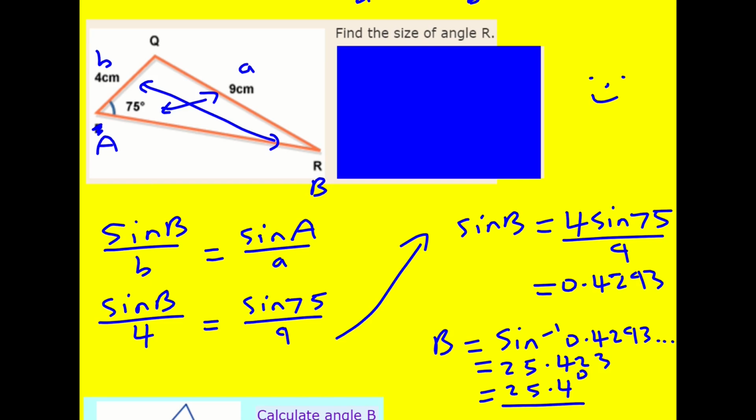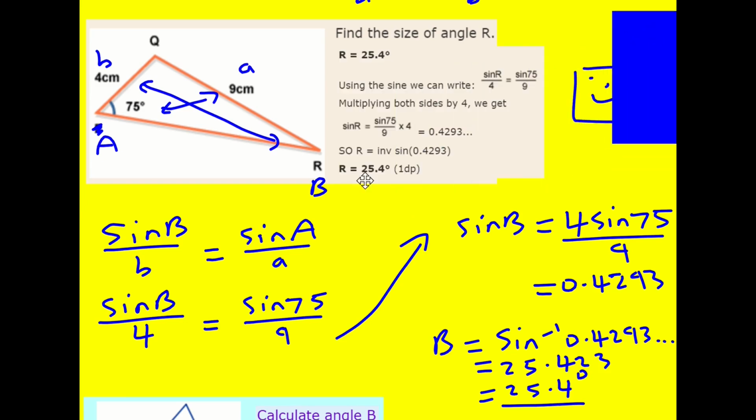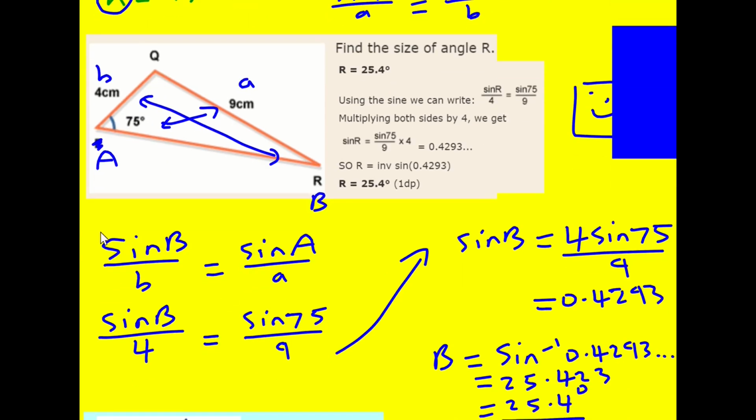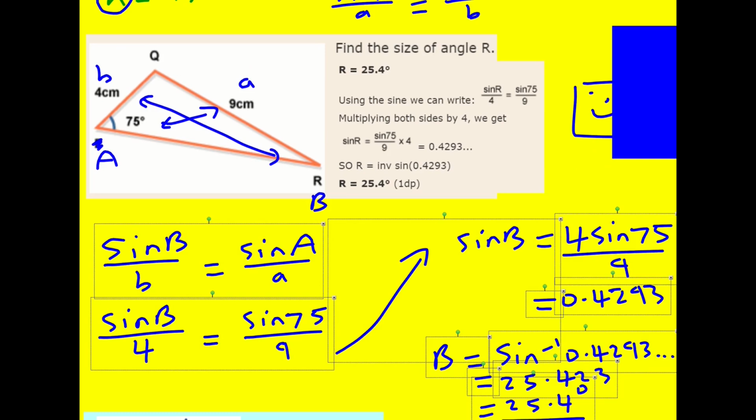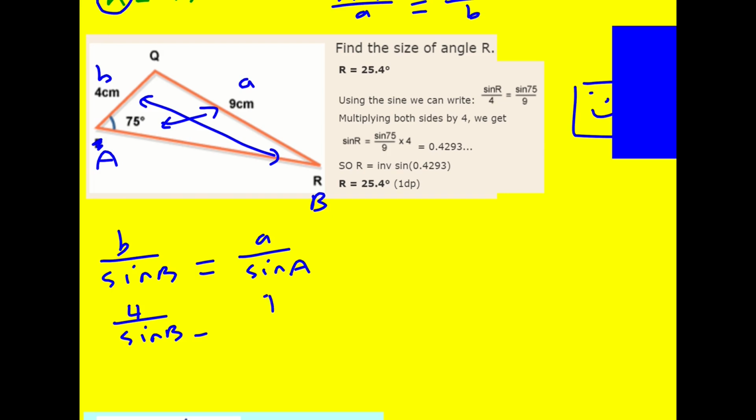So we can now use the sine rule. We can calculate sides. We can also calculate angles. I just want to talk about why we should use this approach rather than the other approach from last lesson, because then it would be b over sine B equals a over sine A. It will still work, and then it's going to be 4 over sine B equals 9 over sine 75.